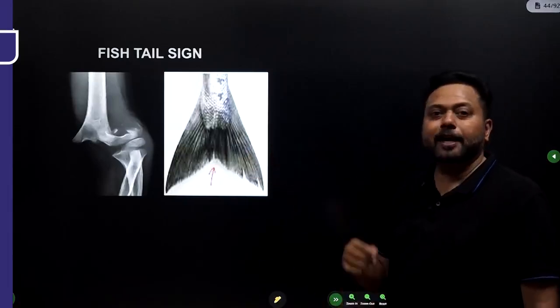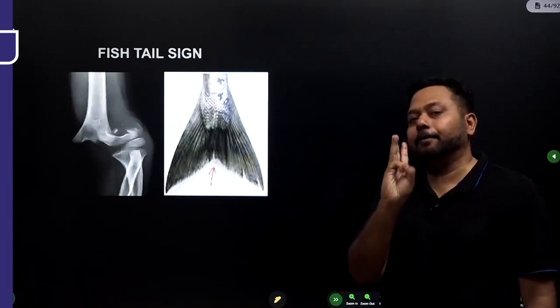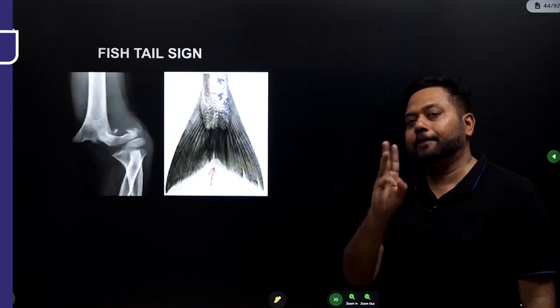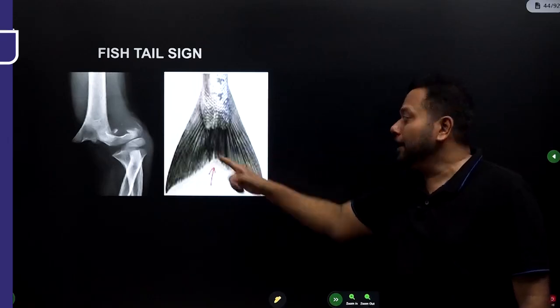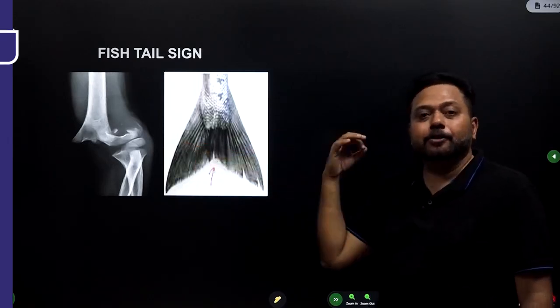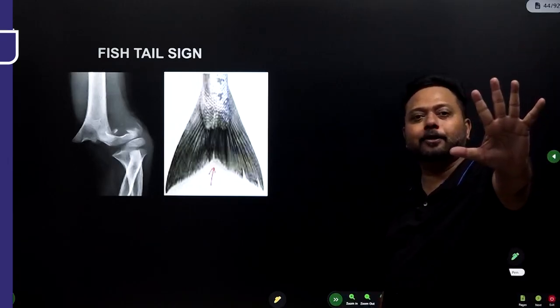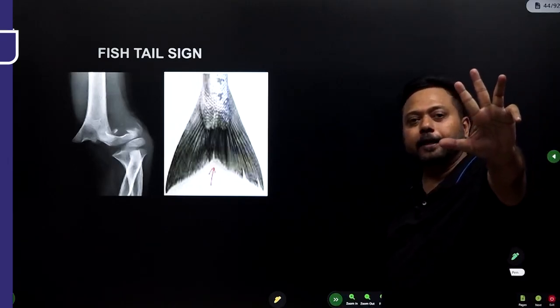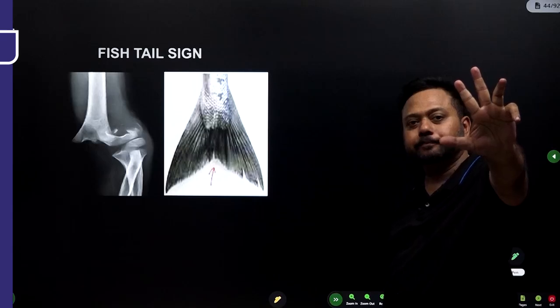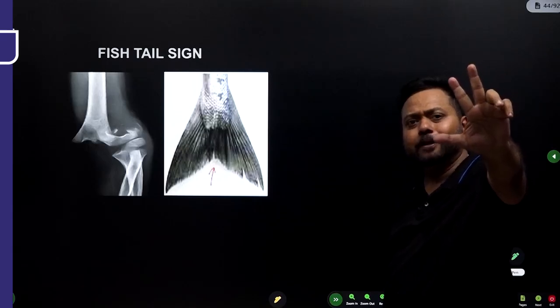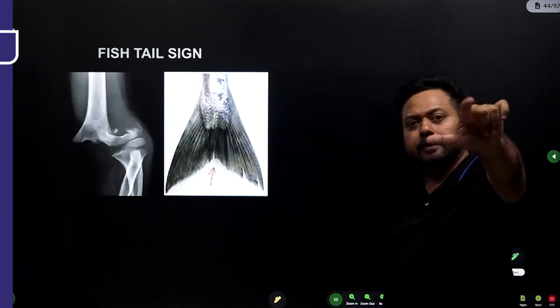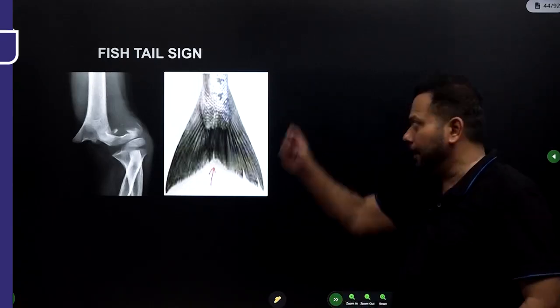This fishtail sign is seen in Gartland's type 3. In Gartland's type 3, it should be completely displaced; then only you can assess the fishtail sign. So, five radiological signs of supracondylar fracture, dear friends: anterior posterior fat pad sign, teardrop sign disturbed, anterior humeral line, Marion crescent sign, fishtail sign. Okay?